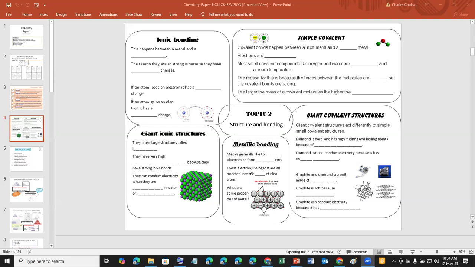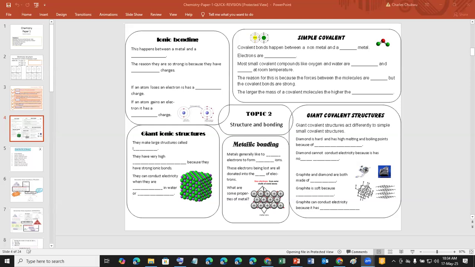So these electrons being lost are all donated into the what? The pool. It is a pool. All right, so think about it in that sense. A pool of electrons. So these are free electrons, and because of that, please take note: if you have a bond between a metal and another metal, think about it this way.